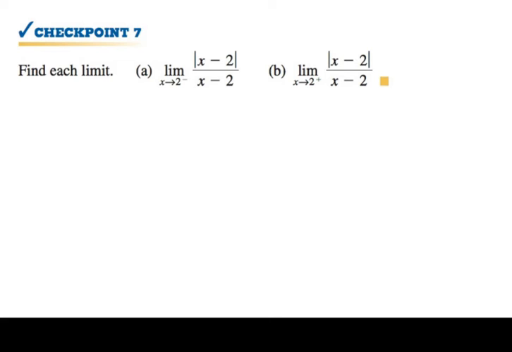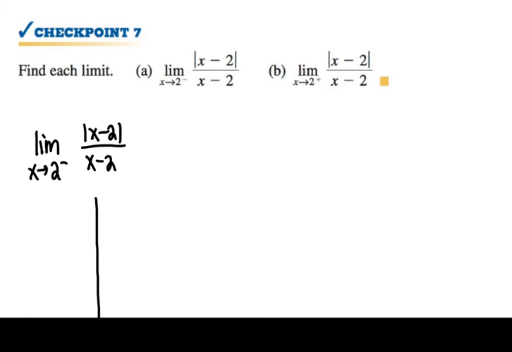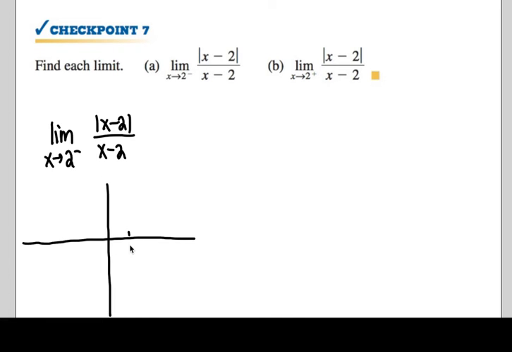So let's take a look at these. I know it says a checkpoint, but we can do these together. The limit of the function, right? The limit as x approaches 2 from the left. And we're talking about the absolute value of x minus 2 over x minus 2. So we know we come right to, right?